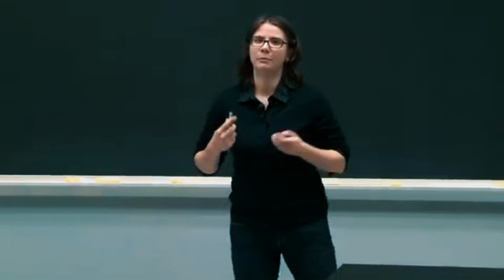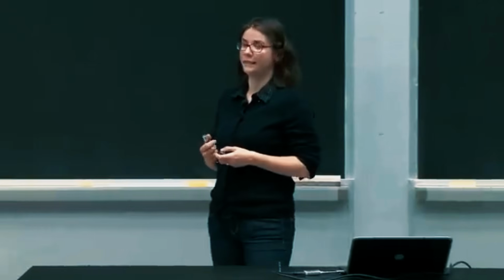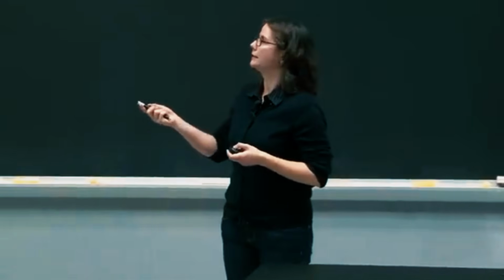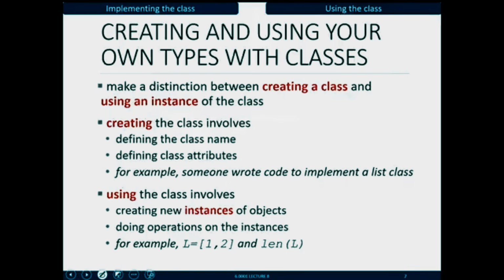So when you're thinking about implementing your own data type, you do that with this thing called a class. Okay? And when you create a class, you're basically going to figure out what name you want to give your class, and you're going to define some attributes.